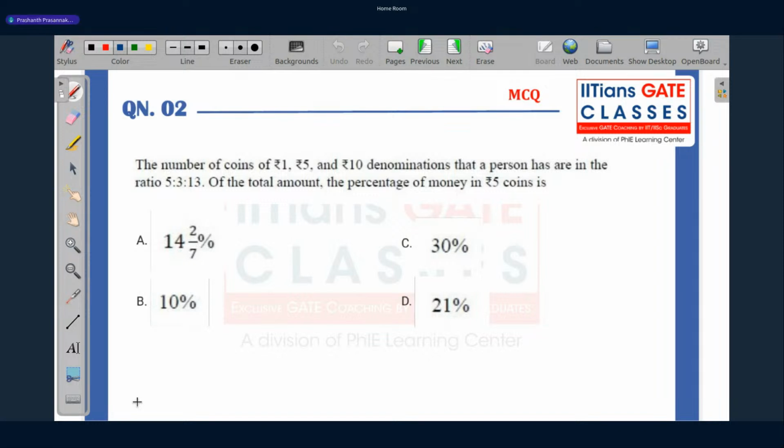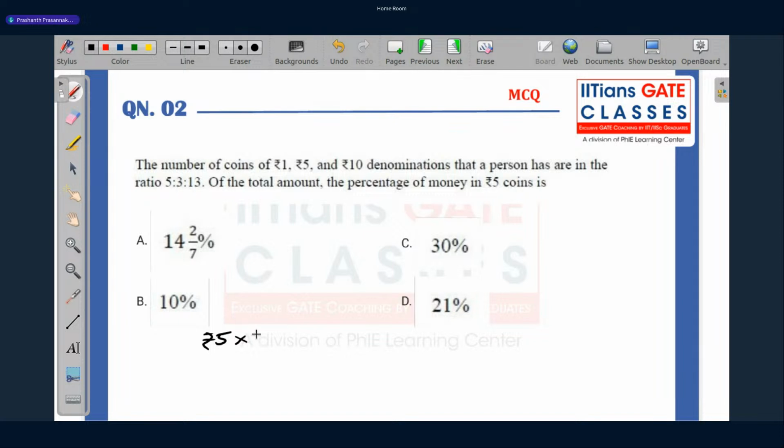The number of coins of 1 rupee, 5 rupee, and 10 rupee denominations that a person has are in the ratio 5:3:13. So of the total amount, the percentage of money in 5 rupee coins is. The required answer we can get in just one step. There's 5 rupees and the ratio is 5:3:13, right?